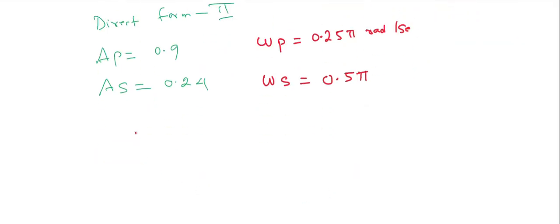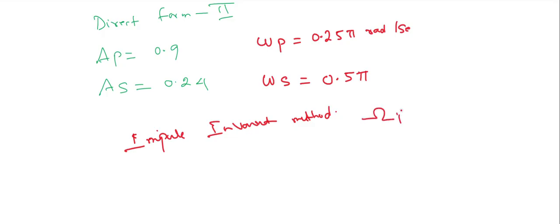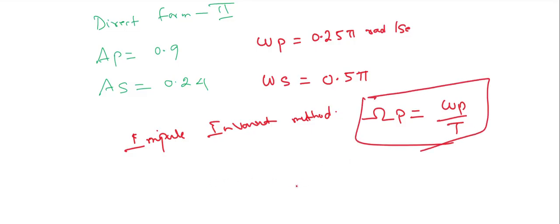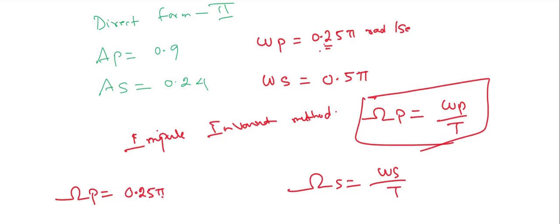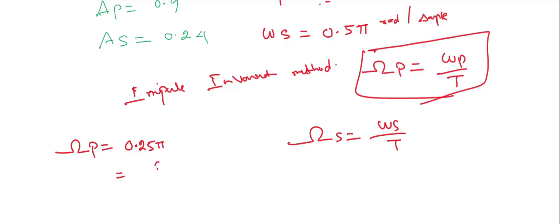Okay, so for the impulse invariant method, analog omega P is equal to omega P by T, and similarly analog omega S is equal to omega S by T. So what is omega P? 0.25 pi by 1, which is equal to 0.7854 radians per second.